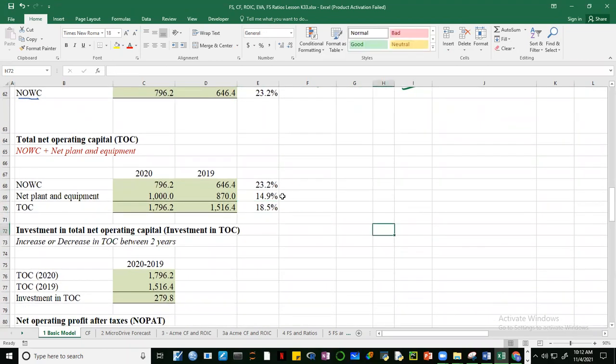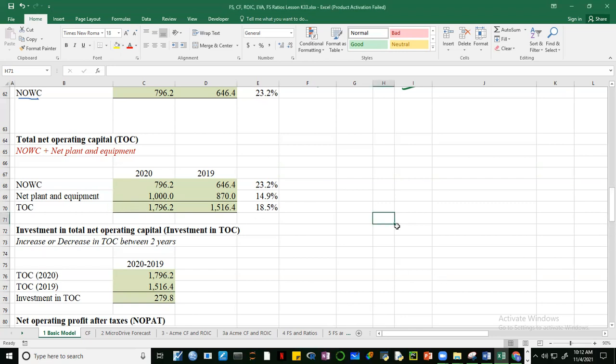So as I said a while ago, this is a signal that the company thinks that the industry dynamics seems to be robust, seems to be favorable. Kasi nag-i-invest sila ng working capital at saka ng property, plant, and equipment, no? In fact, an increase of 18.5% in its total operating capital.